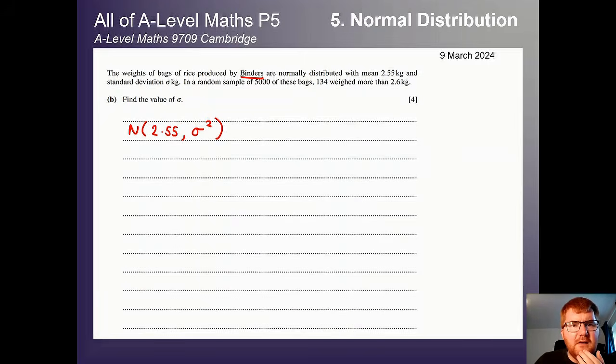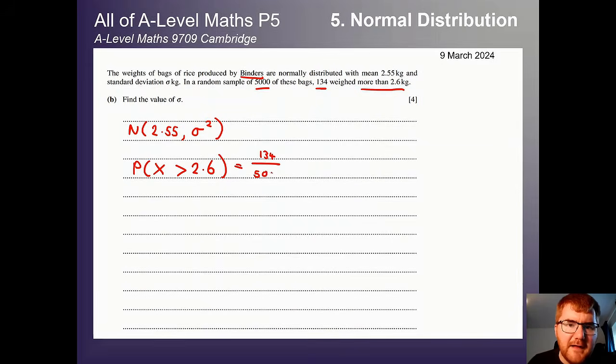In a random sample of 5,000 of these bags, 134 weighed more than 2.6 kilograms. So what we're saying here is the probability of x being greater than 2.6 is equal to 134 over 5,000. That's the sample that we're looking at here.